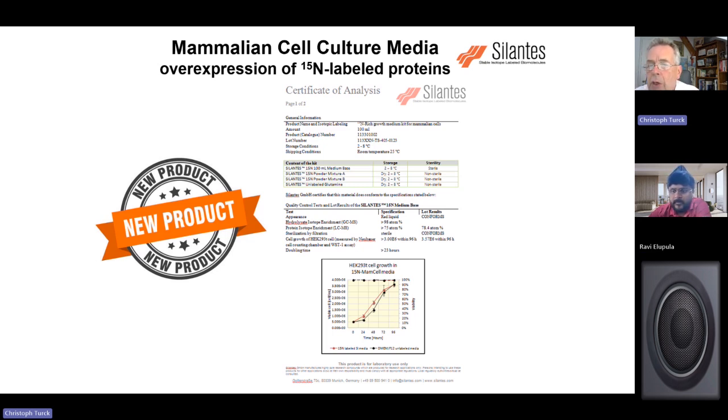I guess the first question is, is there tissue available from Silantes from early mouse development? The answer is yes, but these early development tissues are not fully labeled. They have lower incorporation rates.